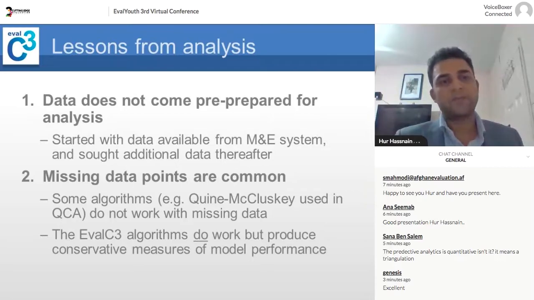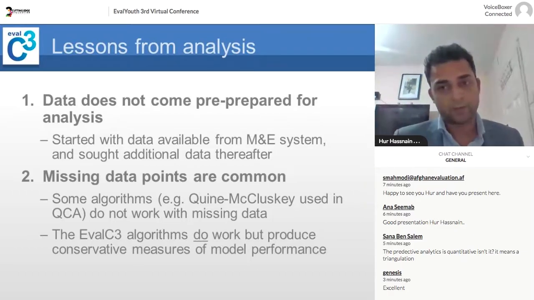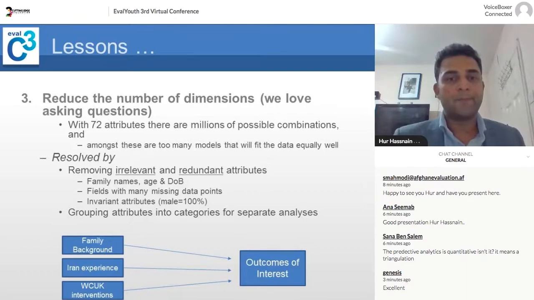But what we basically learned from there is that data does not come pre-prepared for analysis. As soon as you receive the monitoring data, you have to do a lot of work with it. There might be a lot of missing data points which can affect your prediction, so you need to go back and work on it, and then try to find out the data. And if you don't have much confidence in it, then you may want to take it out.